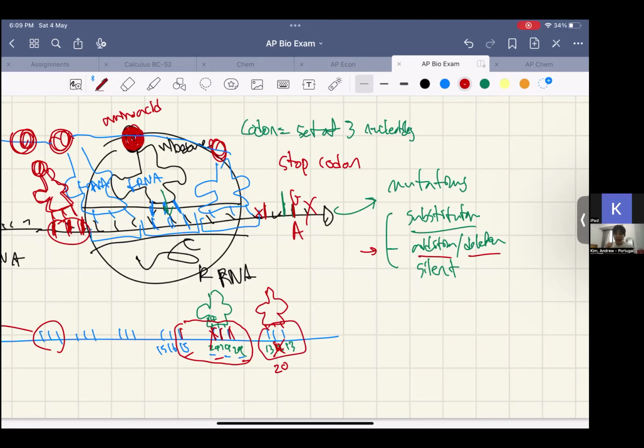But when it's an addition or deletion mutation, as you can see, now a new group is formed here, so one group is being impacted, but then even the following groups will all be grouped with different people than they actually planned. So all the following groups will be impacted, so addition and deletion mutation can cause a bigger issue oftentimes.